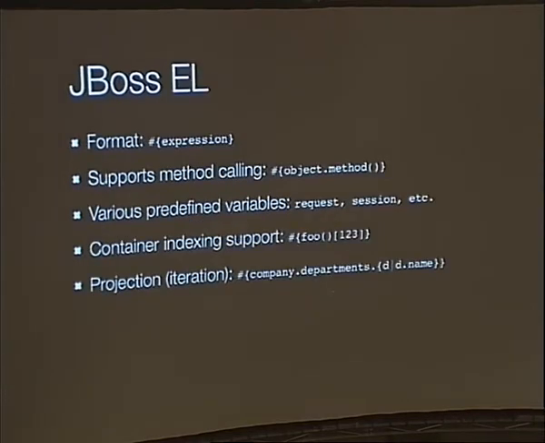You provide a hash and then curly brackets and you put your expression in there. It supports method calling. So you cannot simply randomly call methods like java.lang.Runtime.getRuntime, because the object you're calling it on has to be defined or predefined. So there are several predefined objects like request, session, etc.